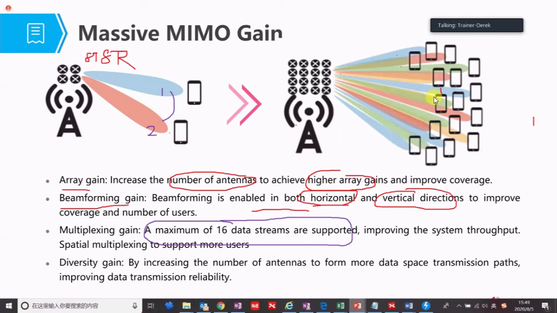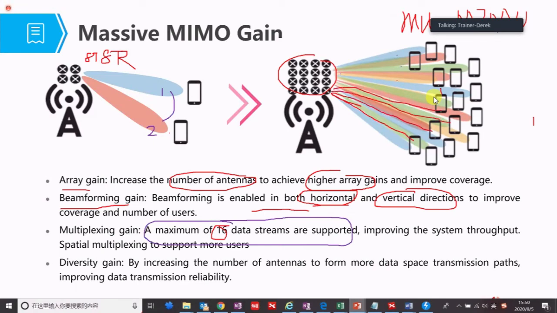like this one. If the 5G antenna supports a maximum of 16 data streams, it means the signal can serve multiple-user MIMO. Multiple users can use the signal at the same time, like 16 beams: 1, 2, 3, 4.